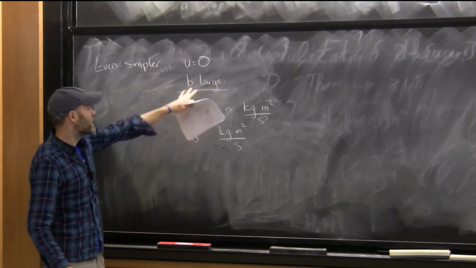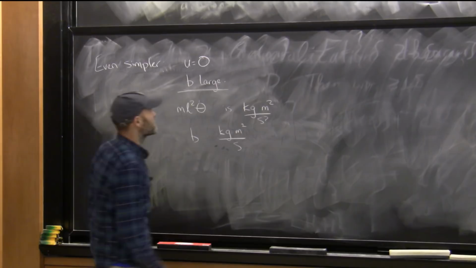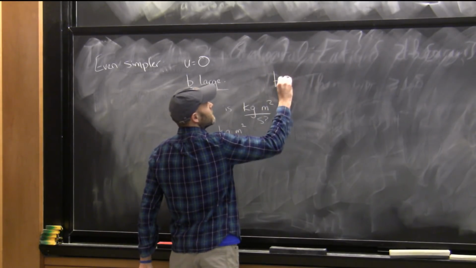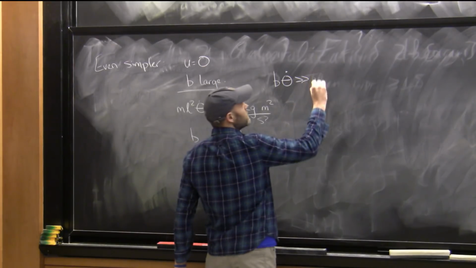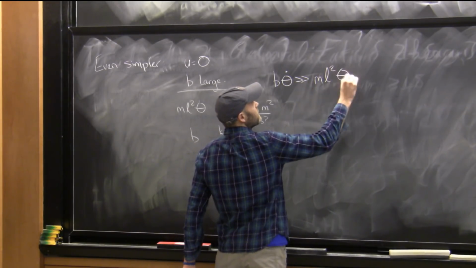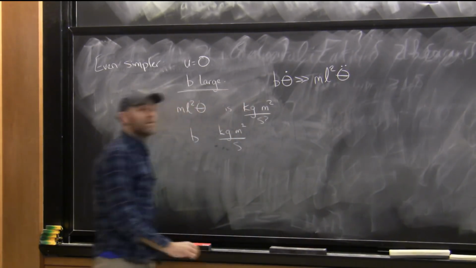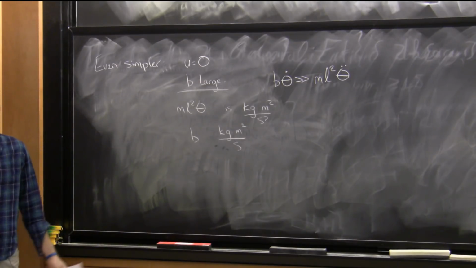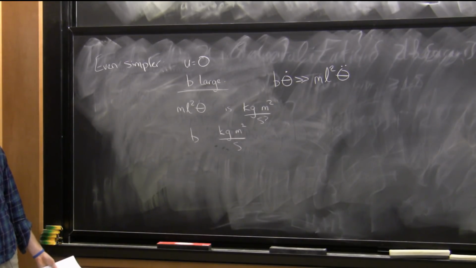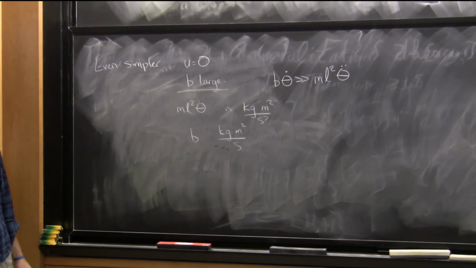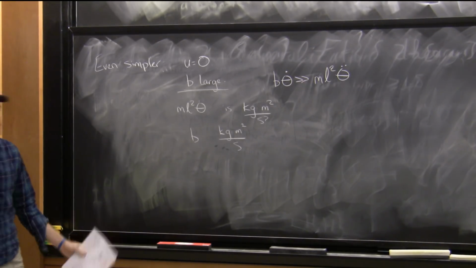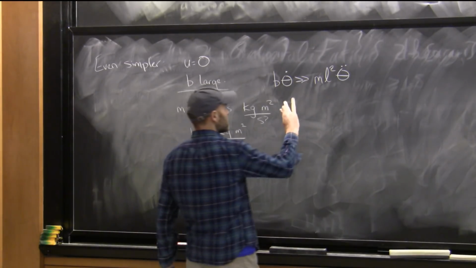What I really mean when I say B is large is that the B theta dot term works out to be much bigger than the ml squared theta double dot term. And I'd like to make this statement just in terms of B and ml squared. I don't want it to be a function of theta and theta dot. So this gets into this idea of dimensional analysis, which you come up with in the sciences, right?